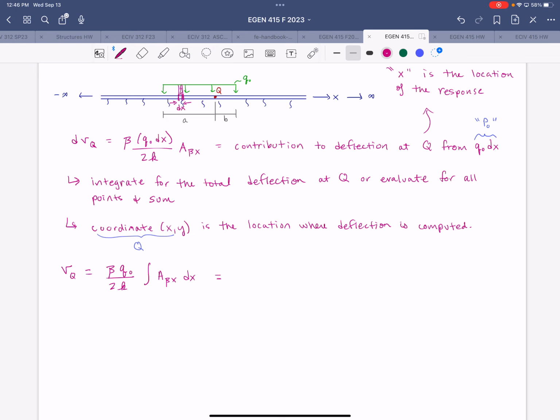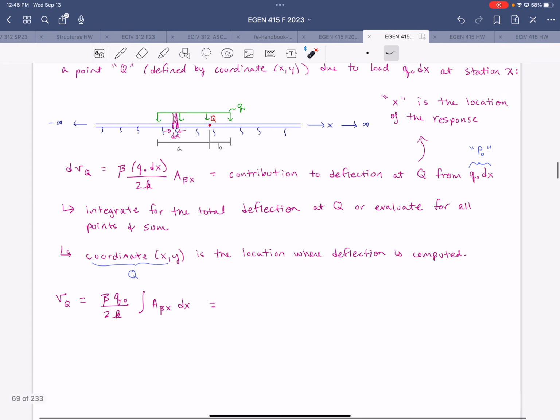And so first we're just going to consider the scenario where the point where we're evaluating deflection falls within the length of the distributed load. If it falls outside, we just have to be a little bit more creative with how we define our integral boundaries. But first we'll just stick with how we've got it noted here.